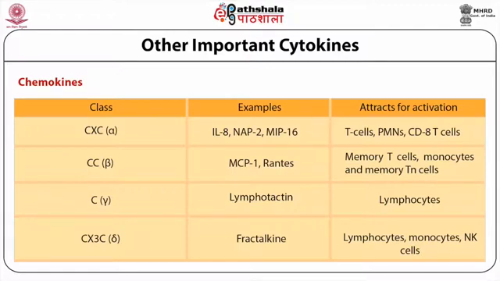Receptors for chemokines are also integral membrane proteins, and the signal transduction operates via the mediation of the G protein. So these molecules activate and direct effector cells to the infection or tissue damage sites. These also control leukocyte migration in the tissues.